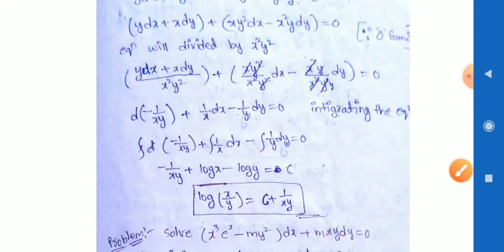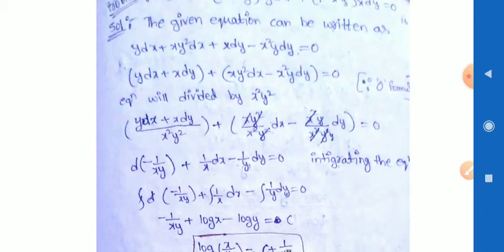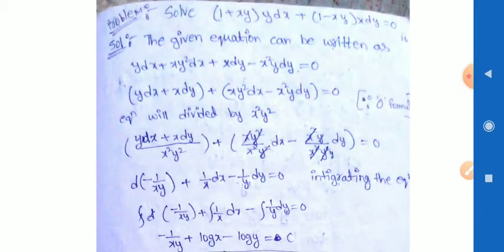Then by simplifying we get log x by y is equal to c plus 1 by xy. Here the problem is given in a form that can be written in exact form, by dividing with x square y square.